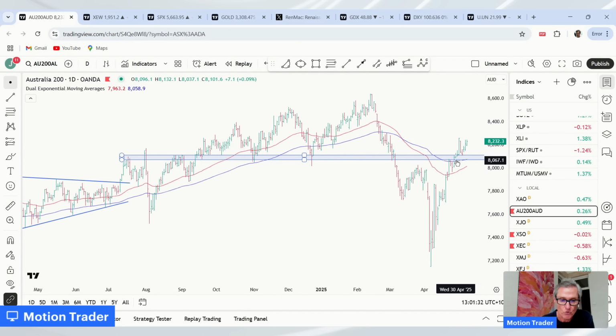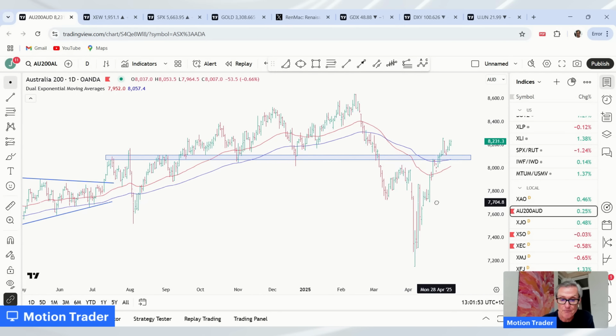And there's also some important price action in the S&P 500 to discuss. And this really is important to understand. I'll show you how this situation in the S&P 500 has played out in the past. I think that's really interesting. But before we get to that, let's start with this latest price action in the ASX 200.